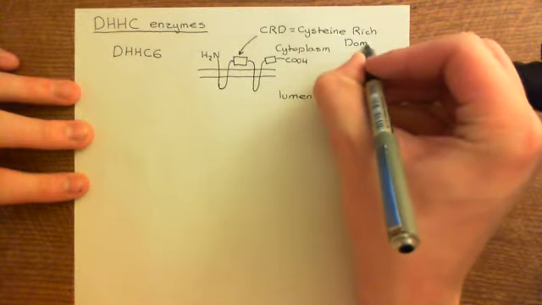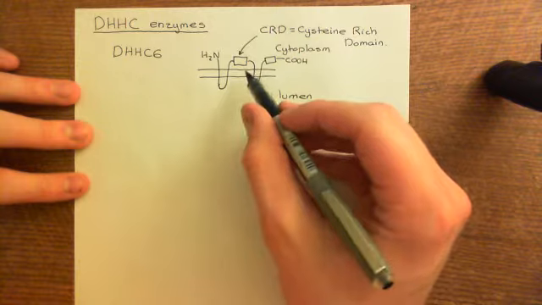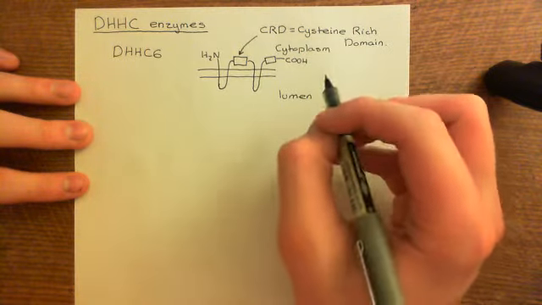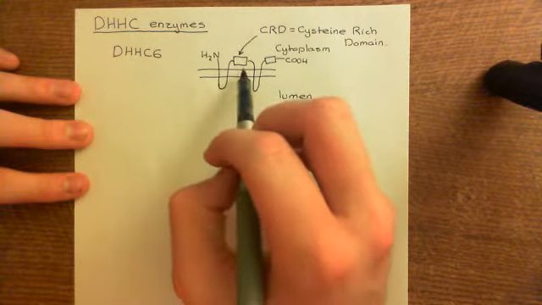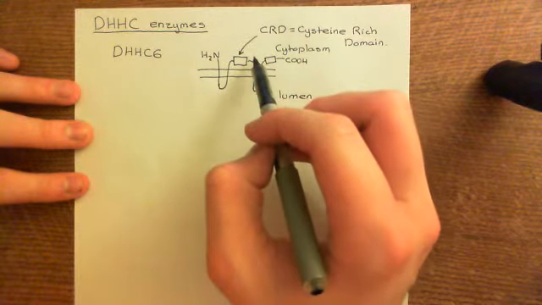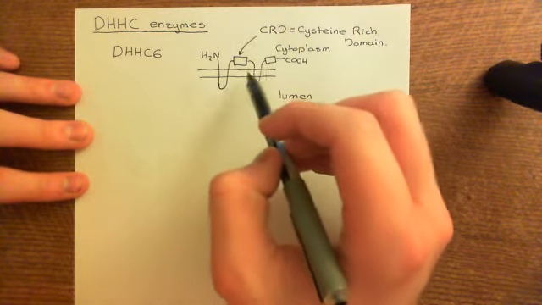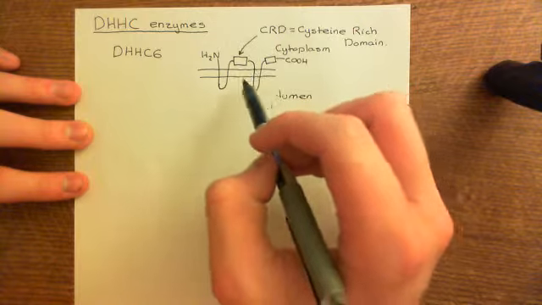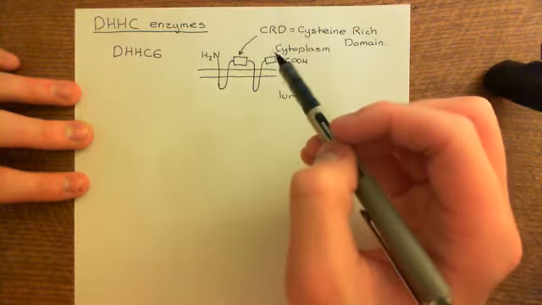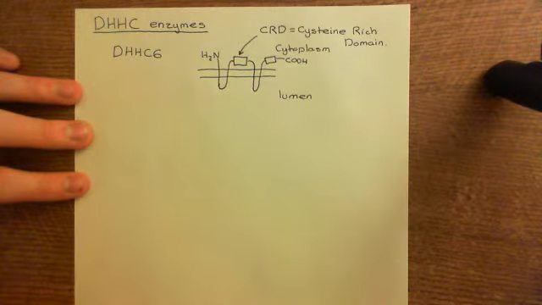This cysteine-rich domain is extremely important for the catalysis of the palmitoylation, and in fact all of the DHHC enzymes have a cysteine-rich domain, which is on the cytoplasmic side of whichever membrane they are embedded in. Some will be embedded in the ER membrane, some in the membrane of the Golgi apparatus, some in the plasma membrane. Whichever membrane you're in, it will be on the cytoplasmic side.